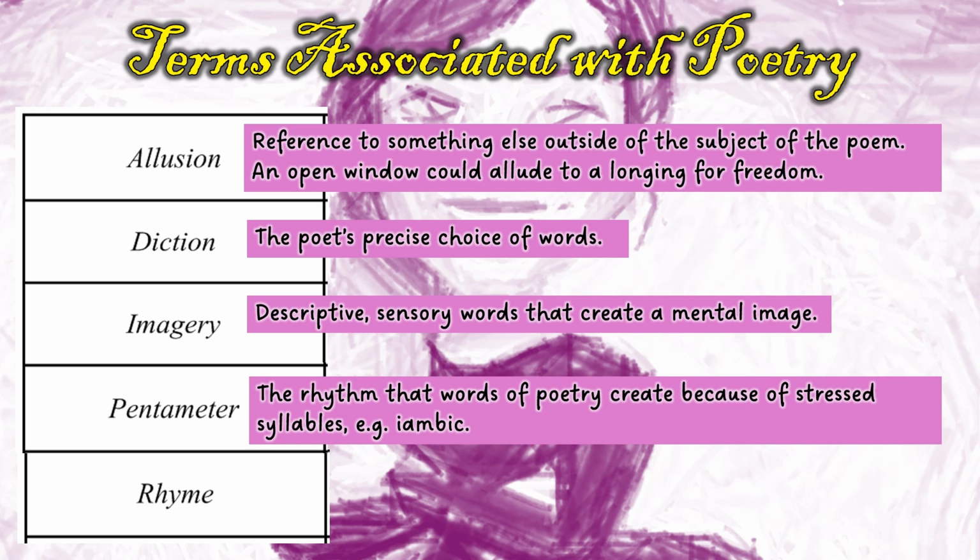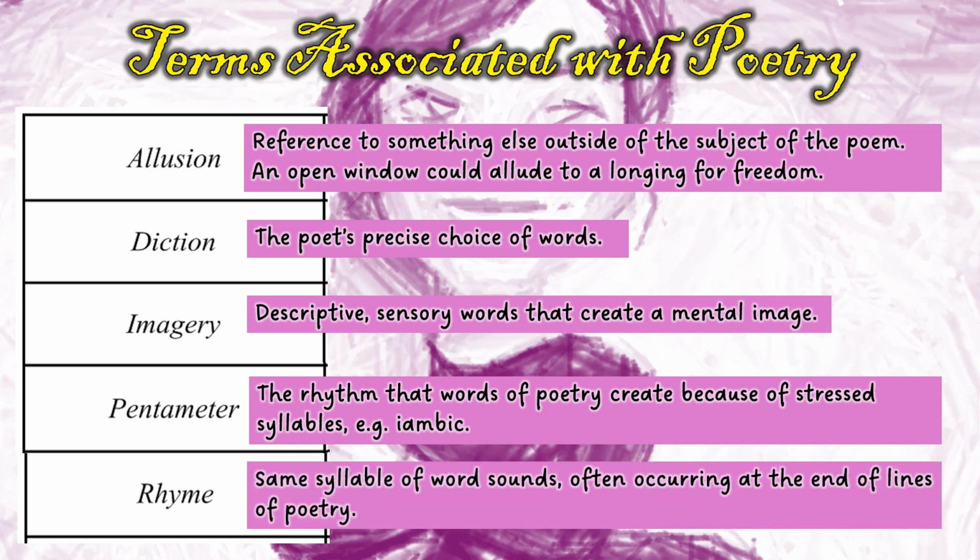For example, iambic. So when a poem is being read, it will often have some sort of rhythm. Rhyme. A rhyme is the same syllable or sounds, often occurring at the end of lines of poetry.